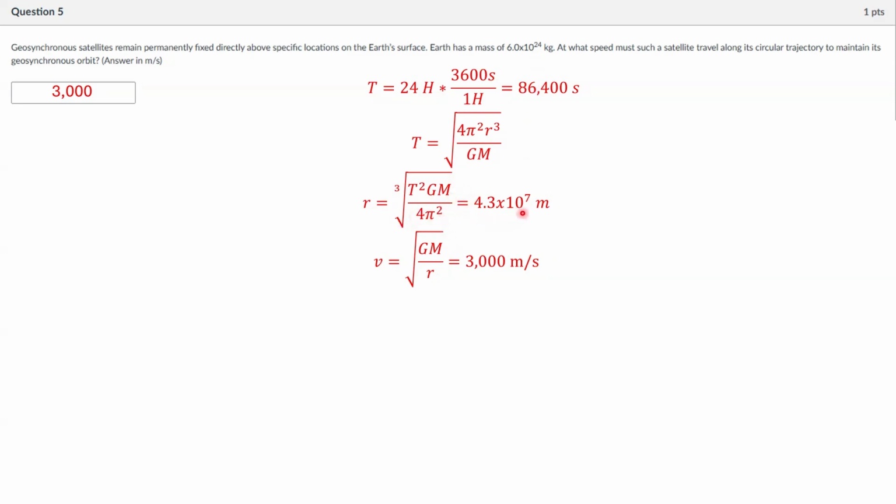I would get 4.3 times 10 to the 7 meters. That must be the radial distance center to center where geosynchronous orbit happens. Well, once I have the radial distance, the orbital radius, I can use that to solve for the orbital speed. Since I already have the mass, put that in, and I'll find that you must be traveling at 3,000 meters per second.